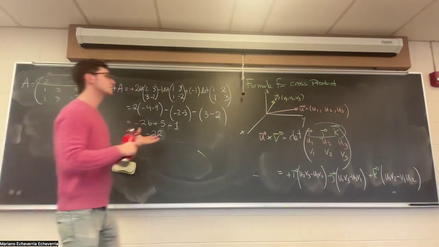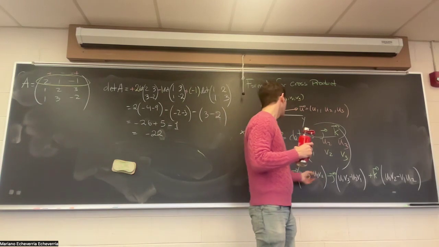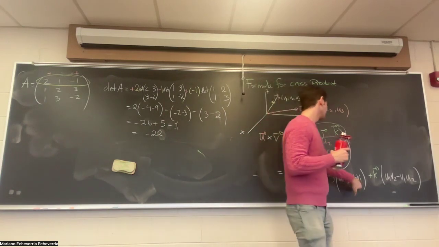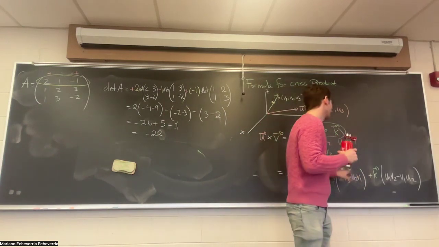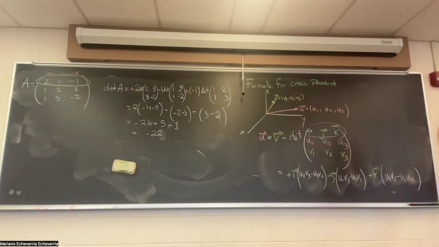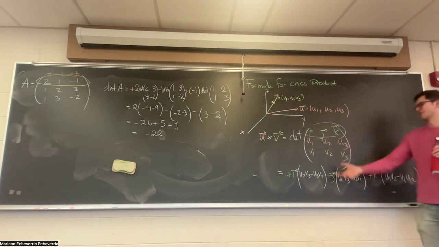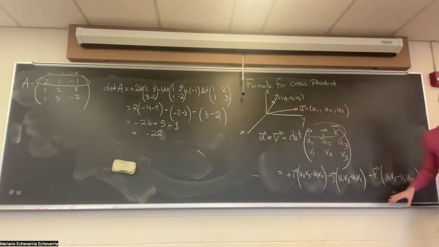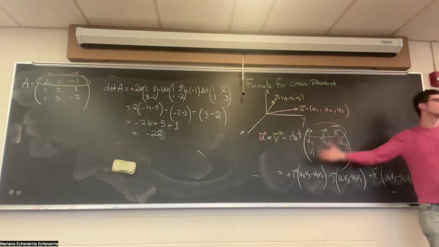This is going to be a vector because it's a number times i, minus a number times j, plus a number times k. So it's in terms of i, j, k, and anything in terms of i, j, k is going to be a vector. If I had just written this last step, the actual formula, there's not a super obvious way to memorize it.